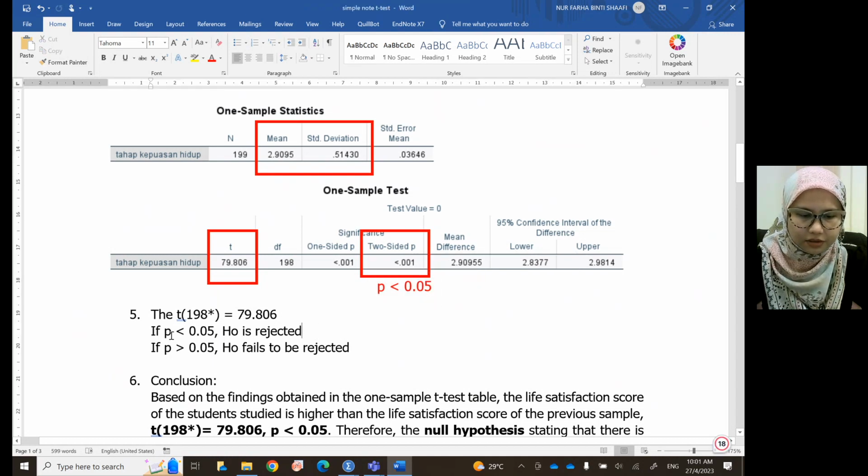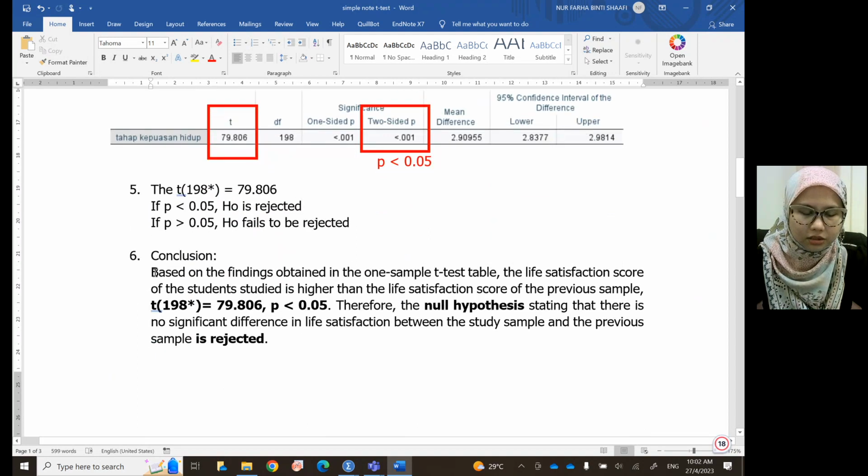So from the statement, if your P value is less than 0.05, your null hypothesis will be rejected. But if your p-value is more than 0.05, your null hypothesis is failed to be rejected, or in other words, your null hypothesis is accepted. Okay, so in this case, your value is less than 0.05. So your null hypothesis should be rejected.